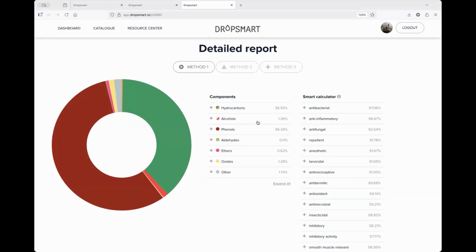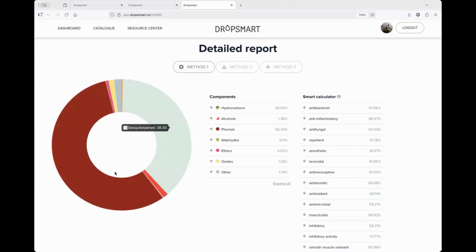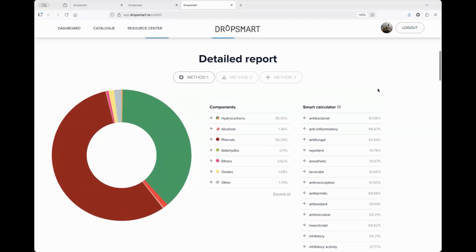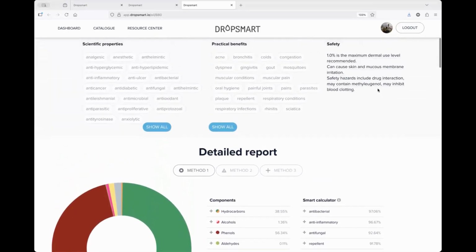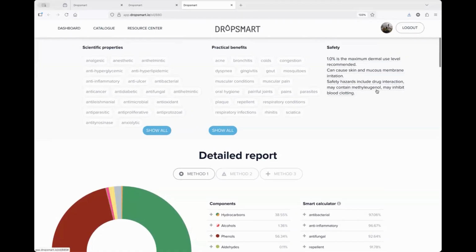So this one was not such an oil that everybody has in their cupboard, but I'm sure that everybody's heard of it. And it is, first of all, let's stop here so I can pause a little bit more.